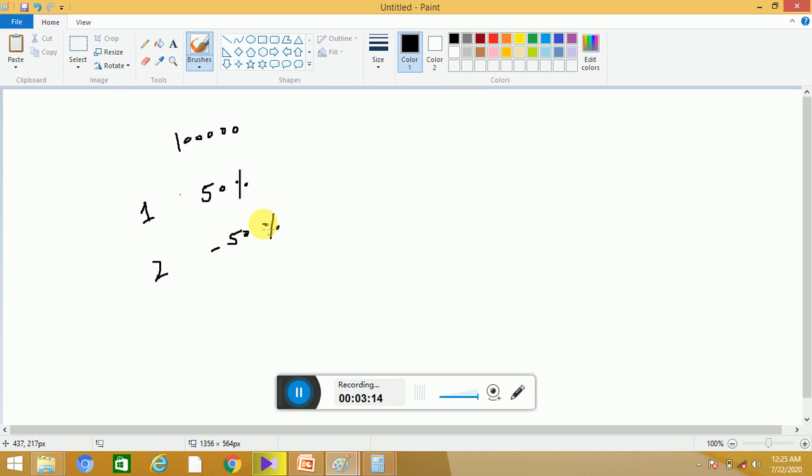Now see, use arithmetic mean. X bar is equal to summation x divided by n.